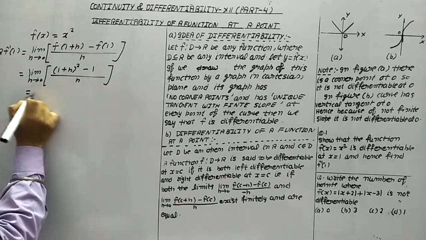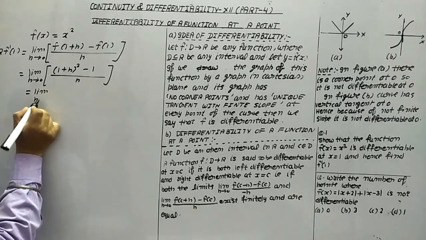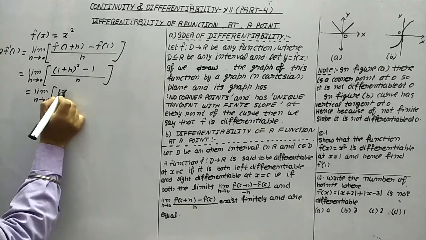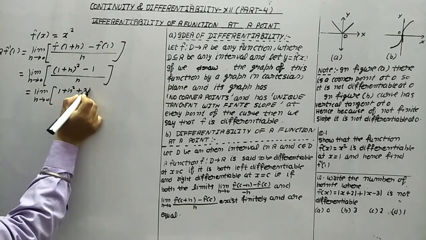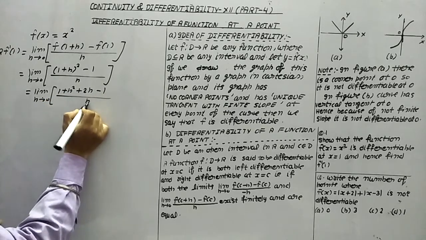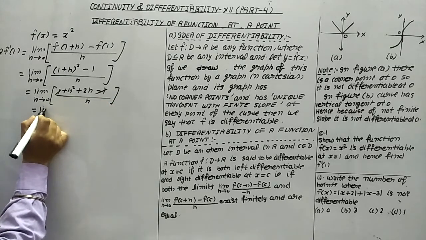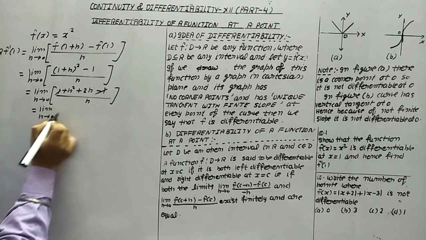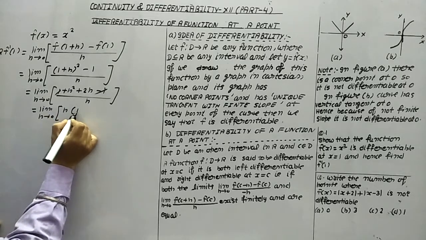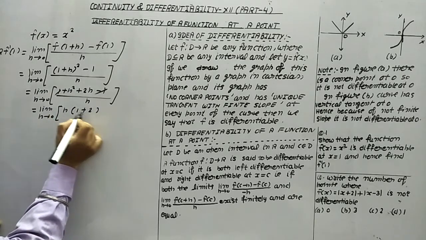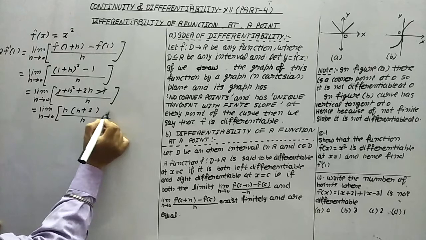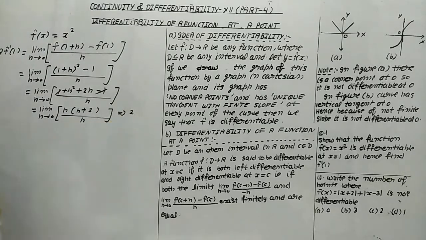Now, limit h tends to 0 of 1 plus h square plus 2h minus 1 upon h. Now 1 cancels out. What is common here? h. So limit h tends to 0 of h plus 2, which is 2.